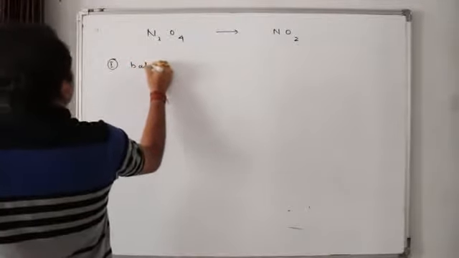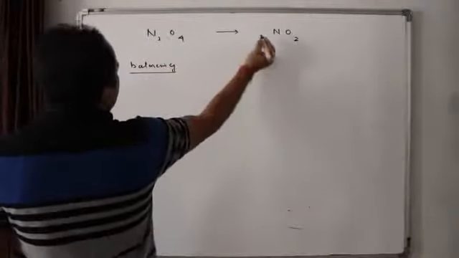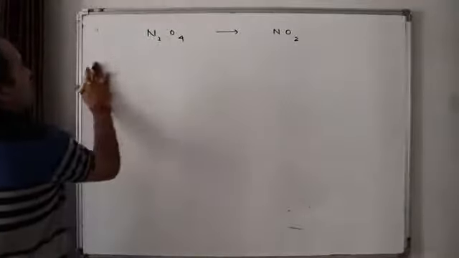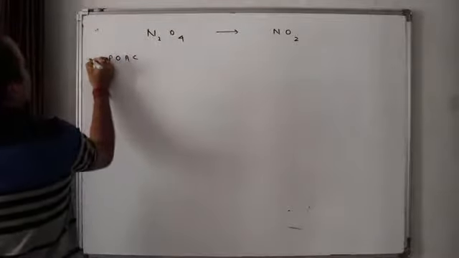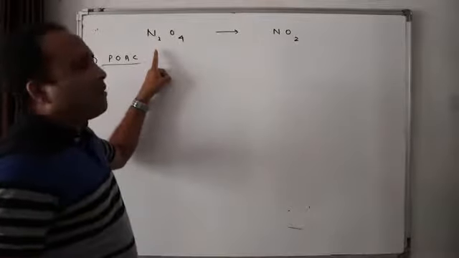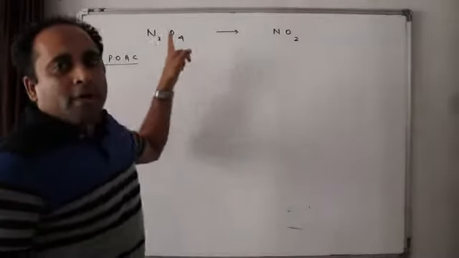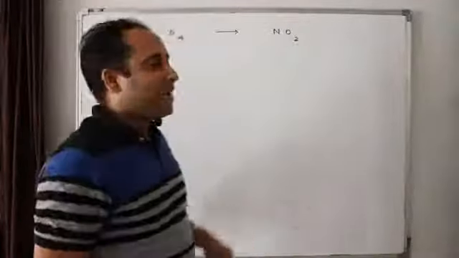I can balance this by two methods. First is normal balancing. How? 2 multiplied. The second is POAC. What is POAC? POAC says that the number of atoms of each element in the left hand side will be equal to the number of atoms of that element in the right hand side.